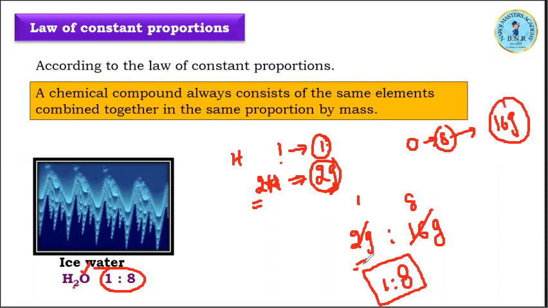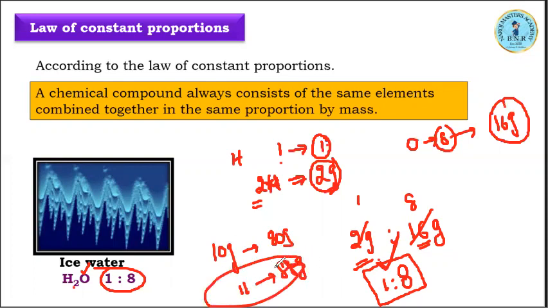So for 2 grams of hydrogen, 16 grams of oxygen is required. It means 1 time to 8 times. So what is our mass ratio? If hydrogen is 1 gram, oxygen is 8 grams. If hydrogen is 10 grams, oxygen is 80 grams. If hydrogen is 11 grams, oxygen is 88 grams. Multiply the 1:8 ratio.